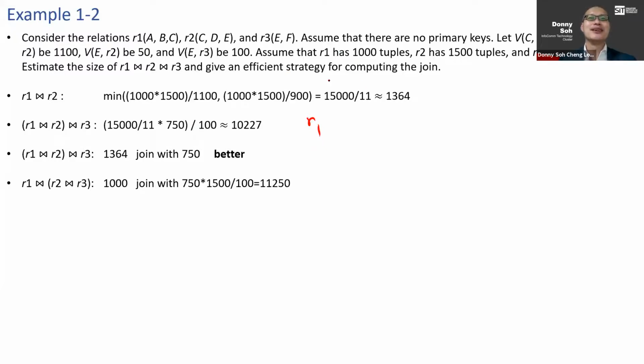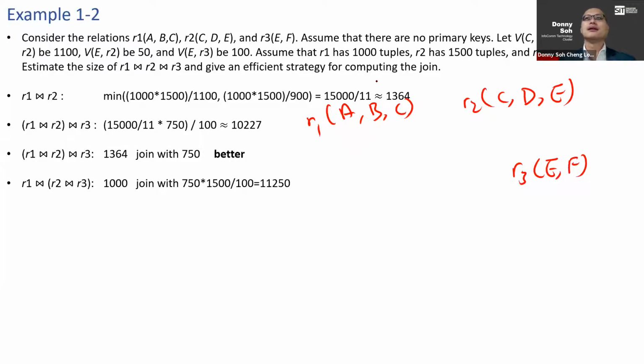So I have R1, with A, B, C, R2 with C, D, E, R3 with E and F. How many tuples? 1000, 1500, and this is 750.